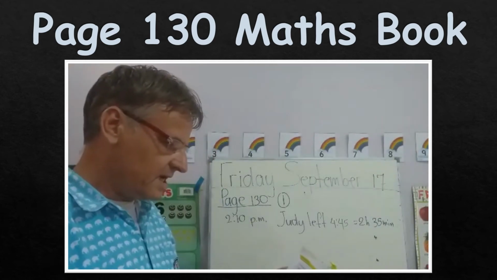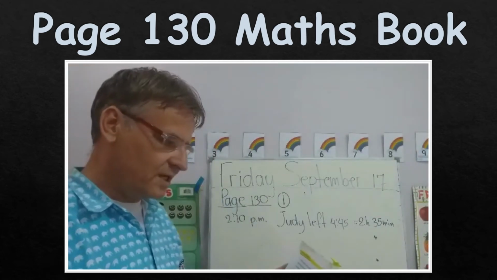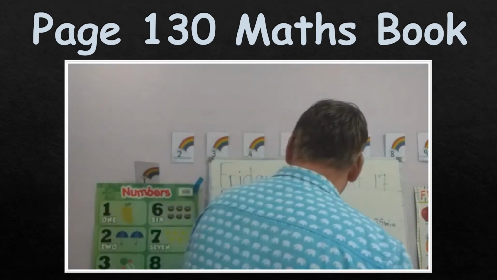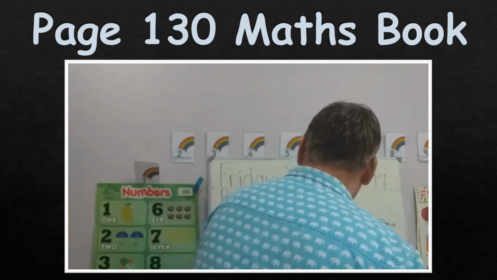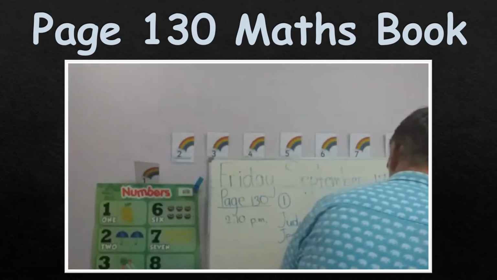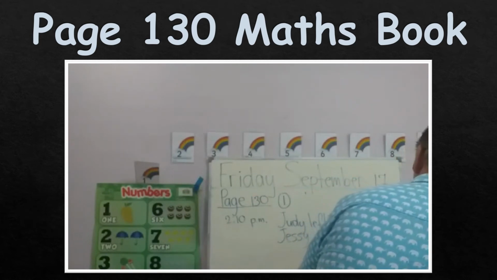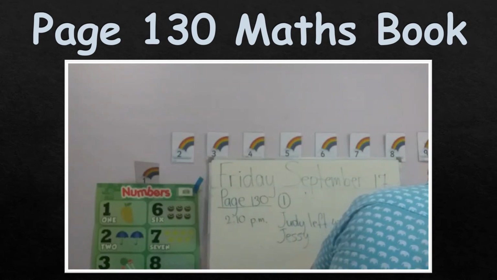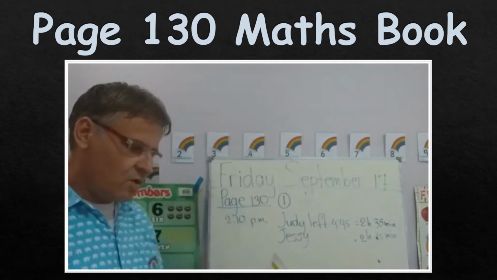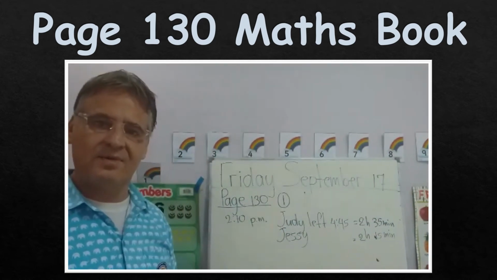And then it says Jessie was 2 hours and 15 minutes. So Jessie was 2 hours and 15 minutes. So the question is, who spent more time in the library?